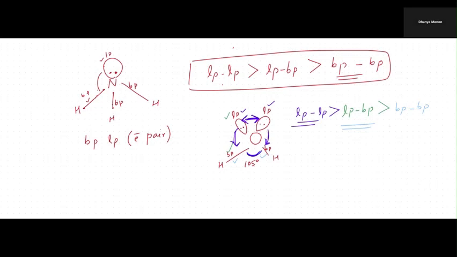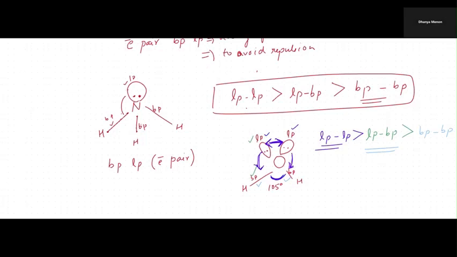Okay, similarly, in case of ammonia, this is the lone pair. There is repulsion between the lone pair and bond pair. So this repulsion will push the bonds near to each other.